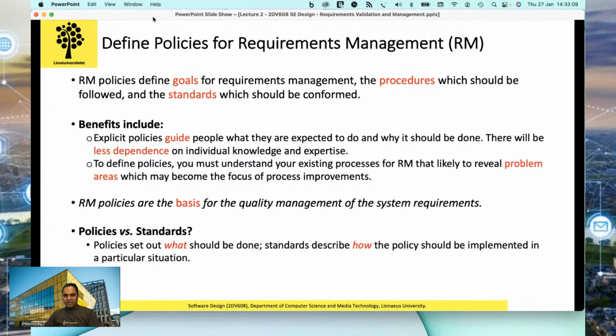But standards say how you should do, or how you should implement those policies. So that's the core difference between policies and standards. Policies might change depending on your needs, but standards rarely change or never change in general.